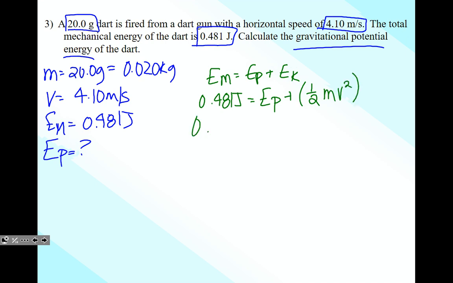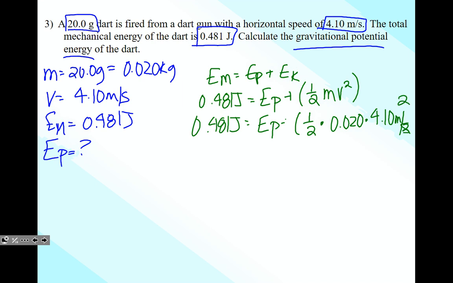So 0.481 joules is equal to EP plus, now I'm going to go ahead and write everything down. Okay, let's do that again. 1/2 times our mass, 0.020, and multiply that by 4.10 meters per second, squared.